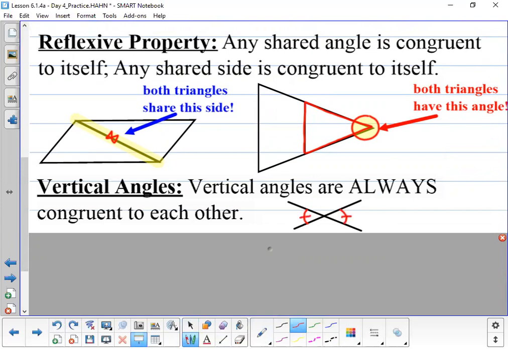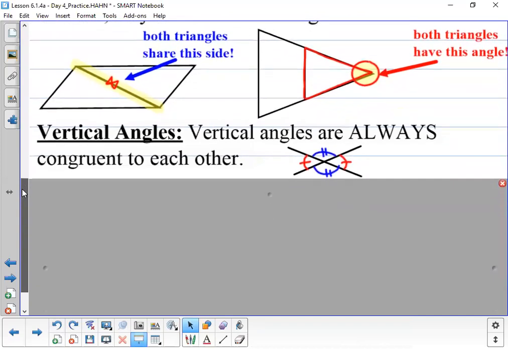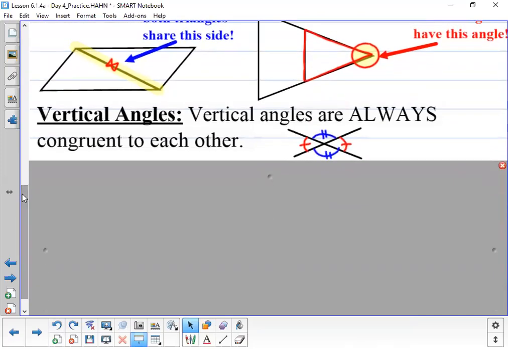So those 2 angles would be congruent, and also these 2 angles would be congruent. So when your triangles have an intersection like that, you might be using vertical angles to help you show that the 2 triangles are congruent. So vertical angles are always congruent to each other.